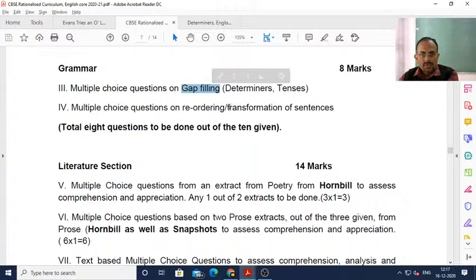And transformational sentences are different topics like simple, complex, compound, so that, to, hardly, when, then, neither, nor, either, or. So these are the examples of transformational sentences. And for determiners and tenses, multiple choice questions will come.